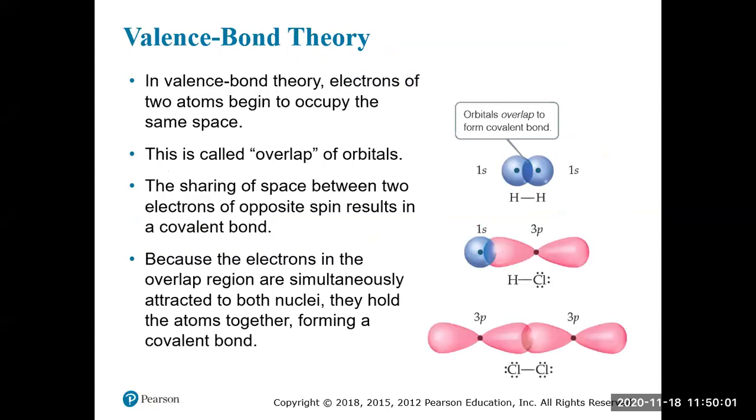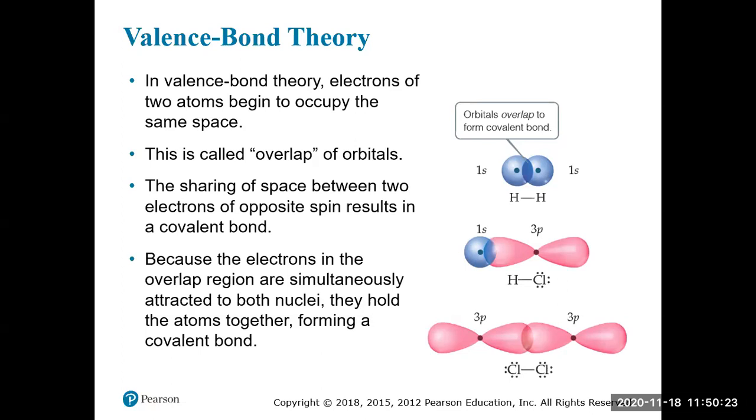Okay, let's talk about valence bond theory for a bit. In valence bond theory, we're talking about the electrons from the two atoms occupying the same space. When this happens, we call it an overlap of the orbitals.